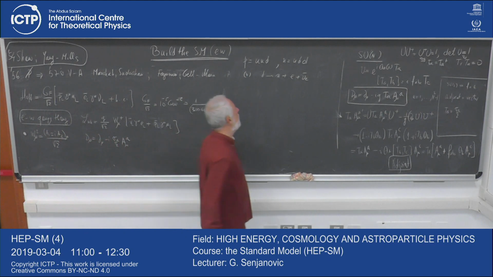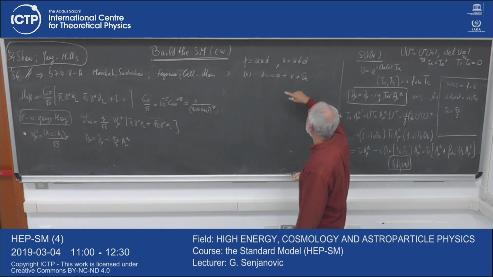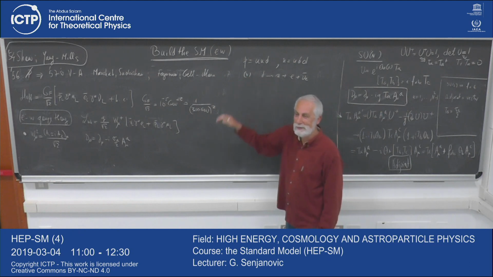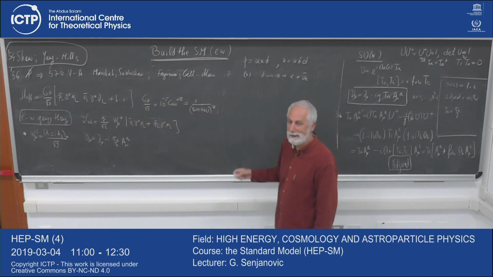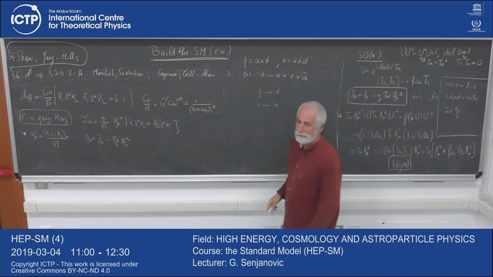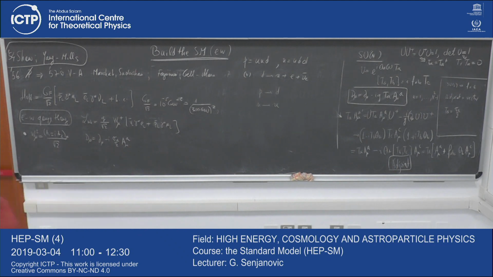Which means, by the way, an amusing thing, if you wish, I could write it a little better. If I write my N in U, notice that there is a symmetry between proton and neutron and up and down, right? If you invert P, you have to go 180 degrees, it becomes D. Invert N, it looks like U. Minor point.